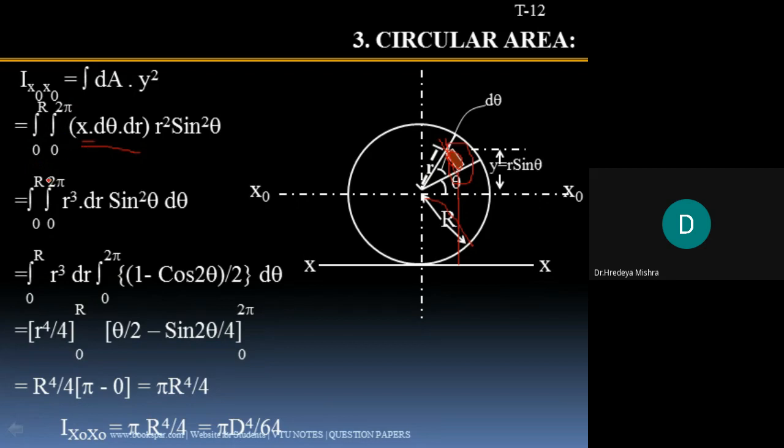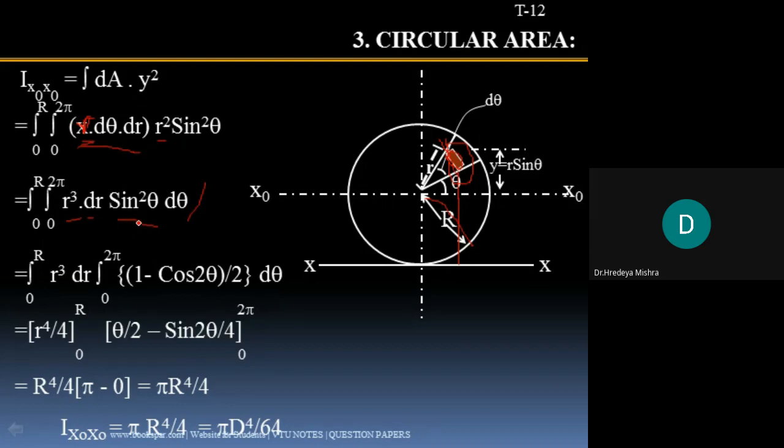So now we just solve this. This is not x, this is r. That's why this r and this r become r cube dr sine square theta d theta. Okay, we put the value y equals r sine theta.